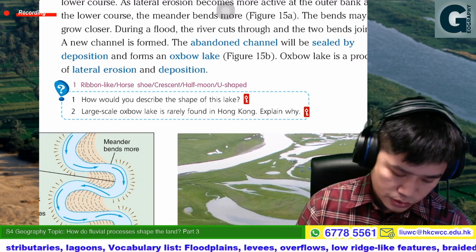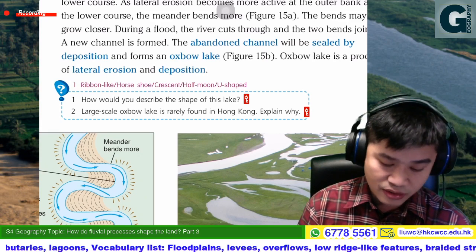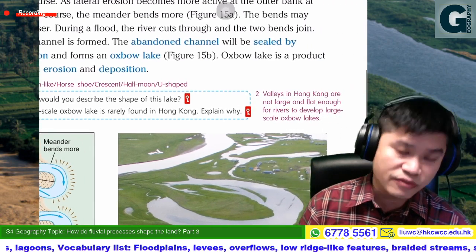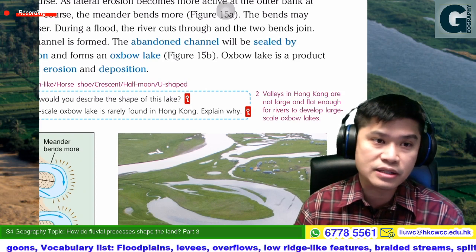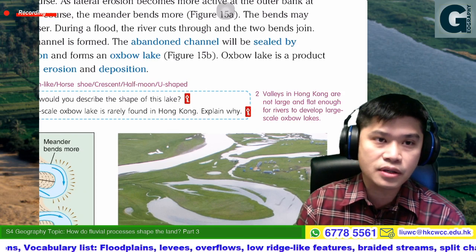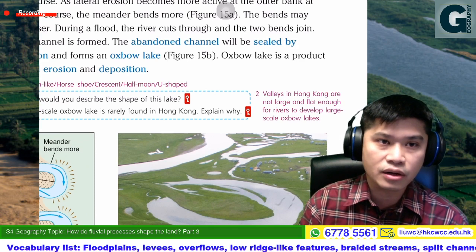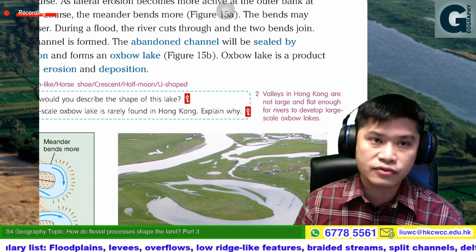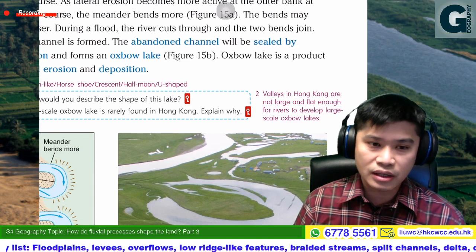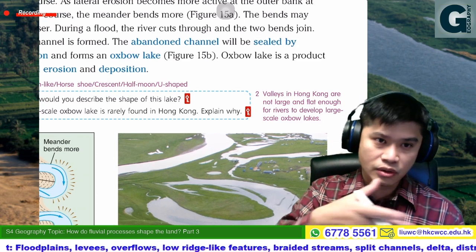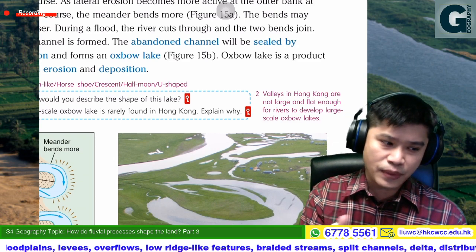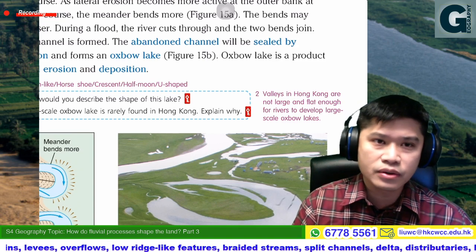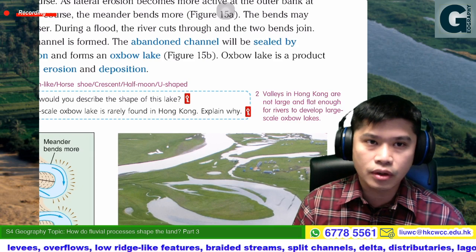And also, large-scale oxbow lakes are rarely found in Hong Kong. This is also important, but a little easy to explain. It is because the river valley in Hong Kong is not large enough, and we don't have flat land for the river to bend or wind, so it is difficult to develop a large-scale oxbow lake.